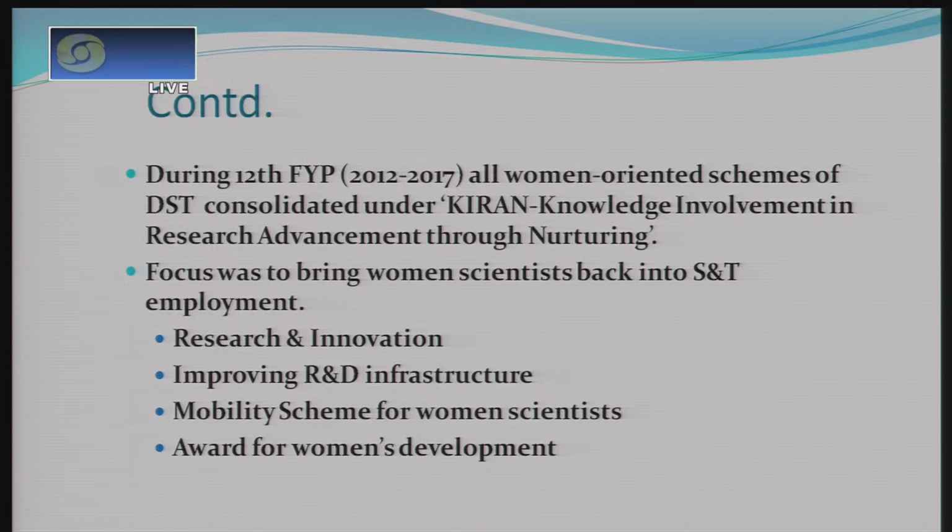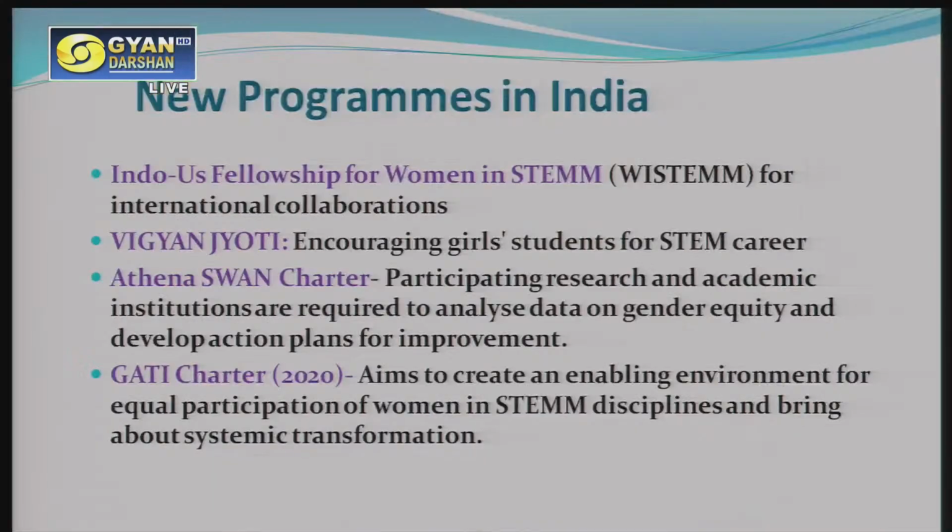And giving awards to women scientists who have really worked at the grassroots level for bringing about development, like women's empowerment. So these are some of the focuses of the Indian government in the 12th Five-Year Plan, in terms of policy, bringing about gender transformative policy.